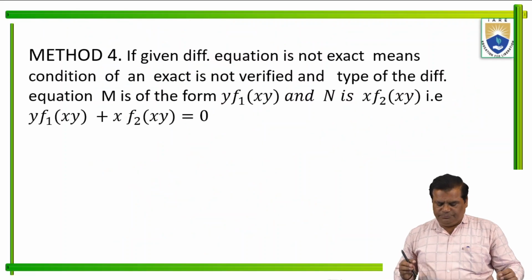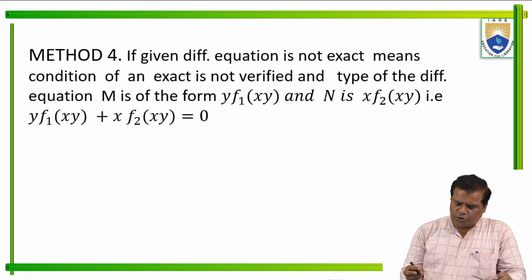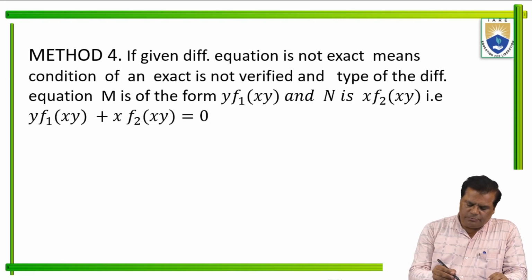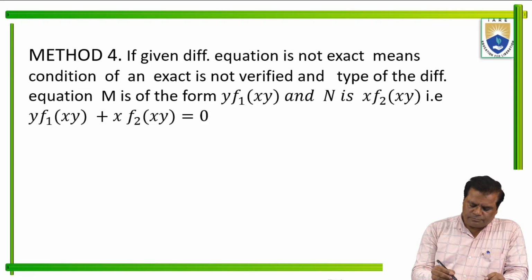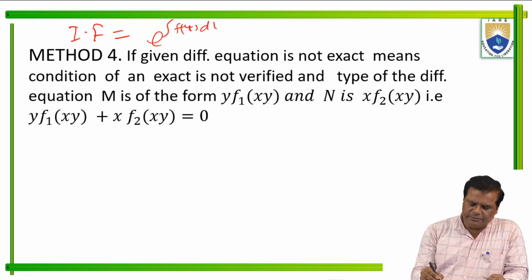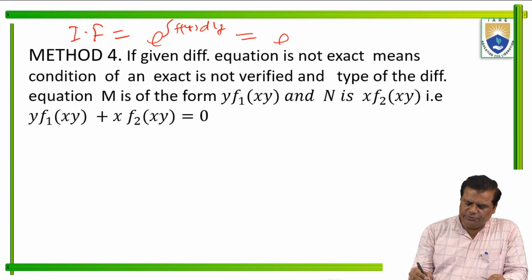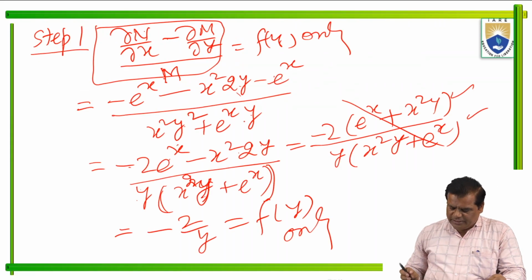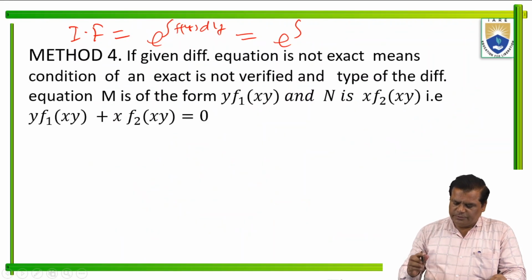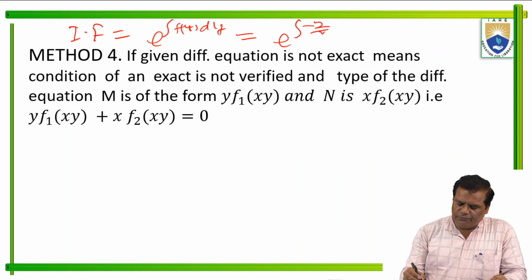So here we are solving this now. Taking the integrating factor, IF. Integrating factor is e to the power integration of f(y) dy. So this result is e to the power integration of minus 2 upon y dy.